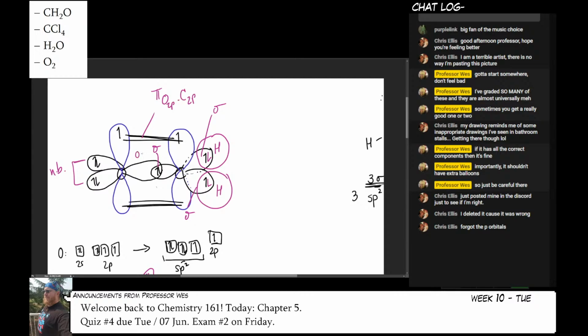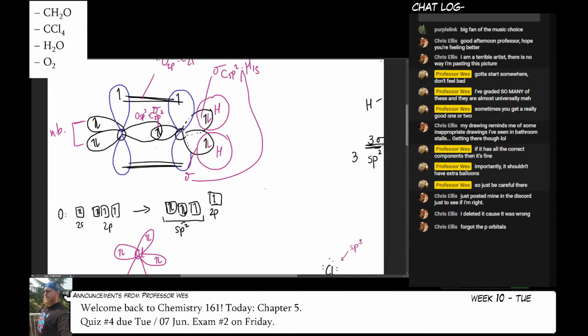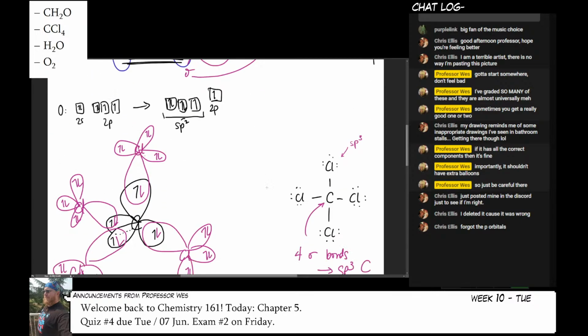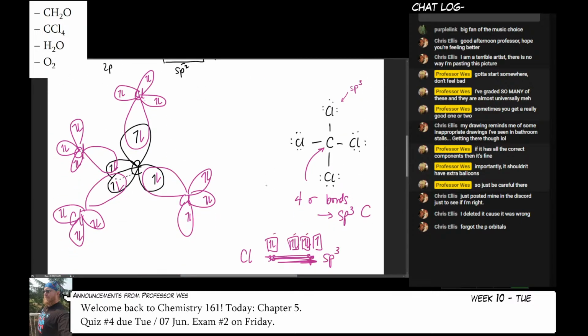This is oxygen sp2, carbon sp2. And each of these is carbon sp2, hydrogen 1s. And then this is the same as this one up here. Down here, all of these bonds are the same. They are all sigma, carbon sp3, chlorine sp3.